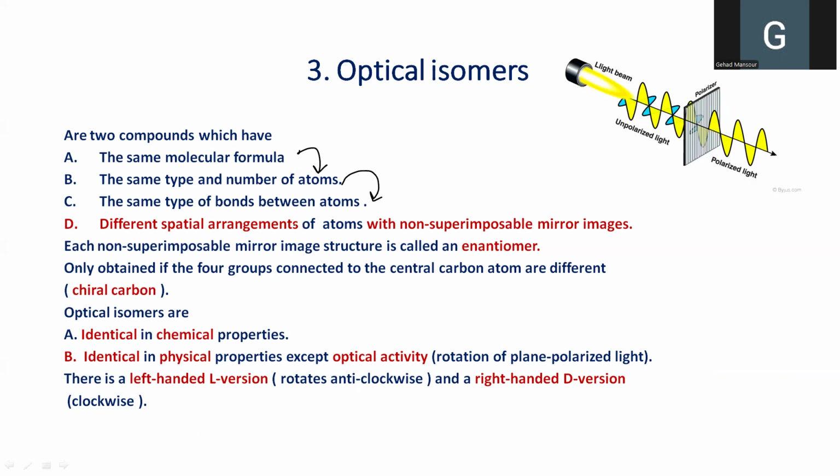You might be asking yourself, and so what? Geometrical isomers have different spatial arrangements. Yes, but geometric isomers had different spatial arrangements around a double bond. But here, they have different spatial arrangements with a very important condition: their mirror images are non-superimposable.